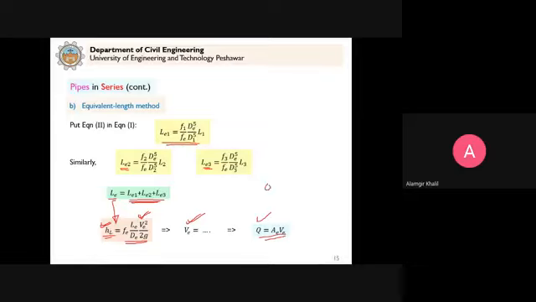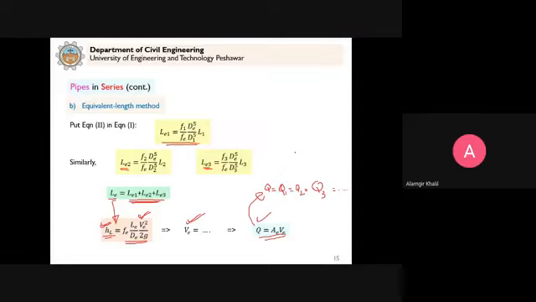And this discharge will be the same for all the pipes. This Q will be equal to Q1, equal to Q2, equal to Q3 if we have 3 pipes. If we have more than 3 pipes, then it will continue.